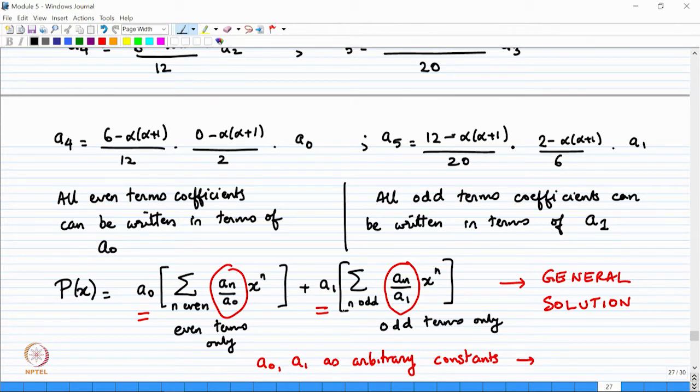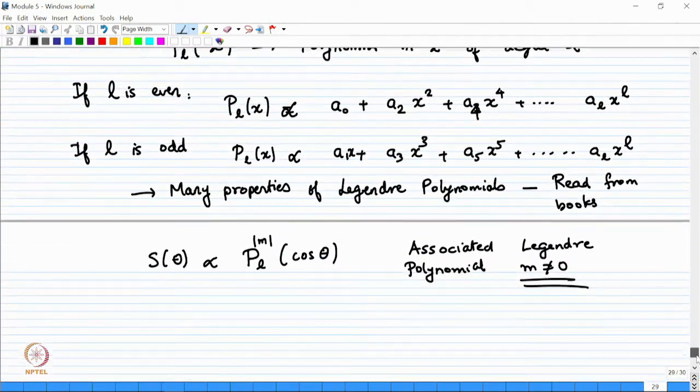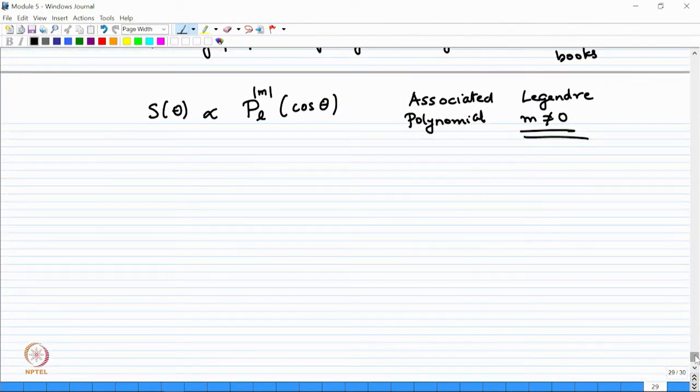The other solution you can throw away from conditions on the wave function. So we use only the polynomial solution, which is due to the terminating series. So now you have the associated Legendre polynomial that appears naturally in this equation.